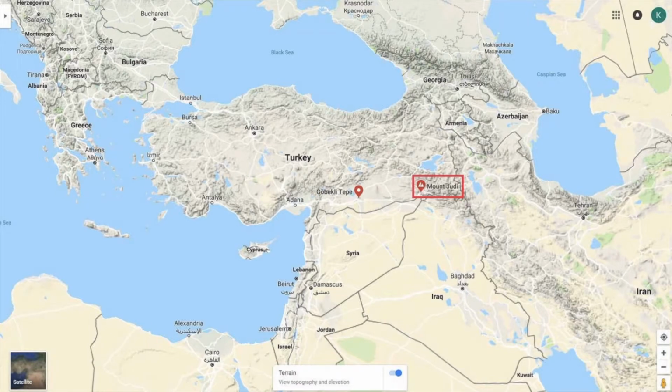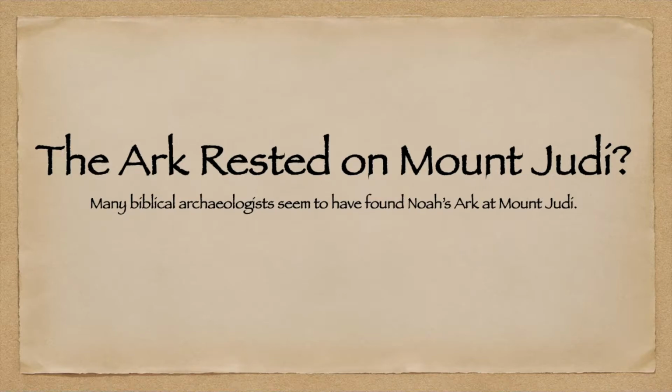And this is a perfect place for the ark to rest, for all humans to disperse from, and all animals to disperse from, going into the continents of Africa, Asia, and Europe. It's dead center. And I will actually have a video playlist that covers that, because many biblical archaeologists seem to have found the Ark of Noah at Mount Judi.